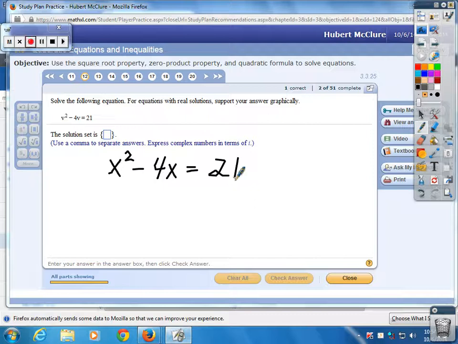So that means find the x-intercepts. I want you to find everything, because if you can find everything, these questions are real simple. So I want you to find everything that we've been finding. The 21 is already on the right side, so just add 2 blanks. A blank on the left-hand side and a blank on the right-hand side.